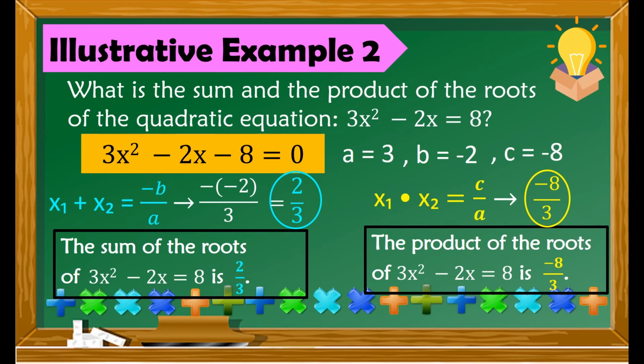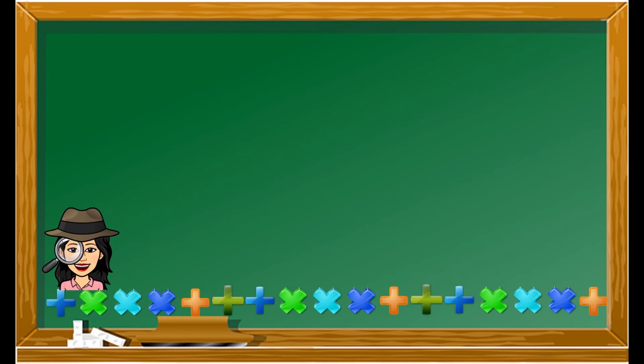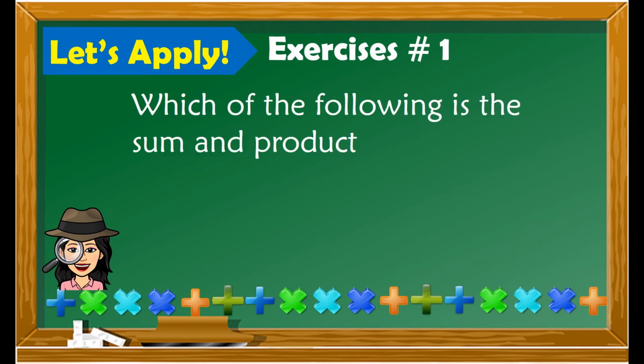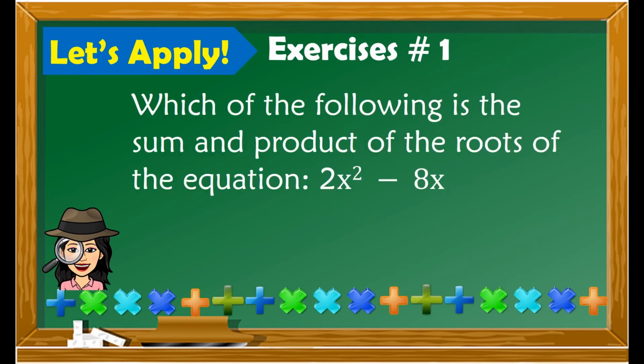So let's now have some exercises for you to answer. Now let's apply what you have learned. So this is exercise number 1. Which of the following is the sum and product of the roots of the equation 2x squared minus 8x is equal to 10?